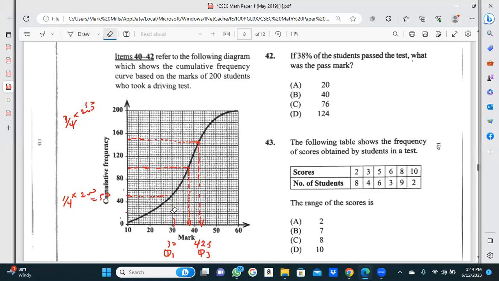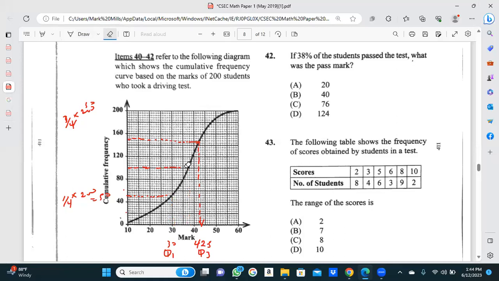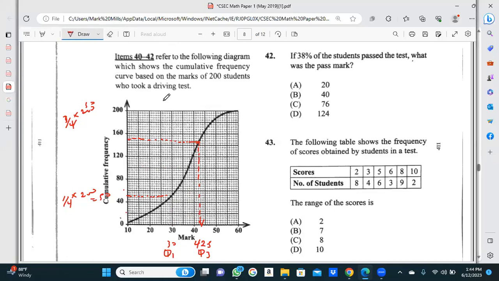I'm looking for two lines before 40, and I want to find the pass mark. So that would have been this, right? Go up, take your time, go up, go up.